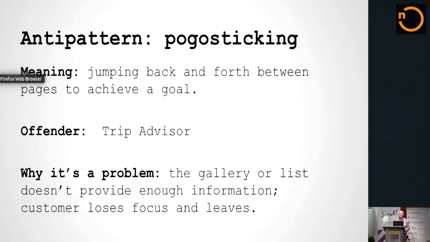So I need to drill down, look at that thing in detail, get the information I need, and then go back one level up in the application to actually make my choice. And then maybe I've forgotten what I just saw in the detailed view, so I need to go back down to the detail again, or maybe I need to do this several times for several different options. And you can see how that just blows your concentration all to hell.